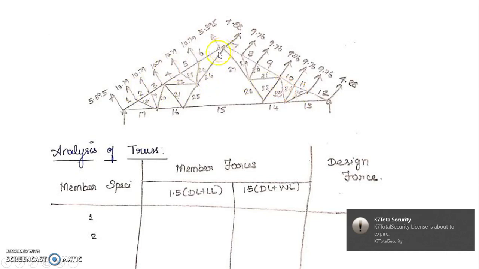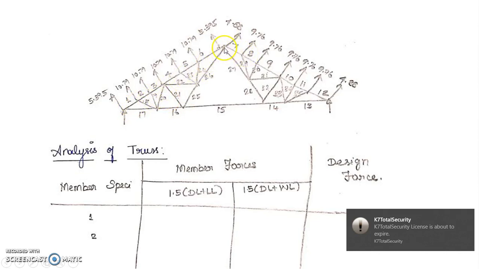These are all said to be web members. Please check: this is to be taken as one couple of members, and you can also include this. The rest of the members, the fan members, are to be of the same size. So when you do the member design of the roof truss, you can have single sections.